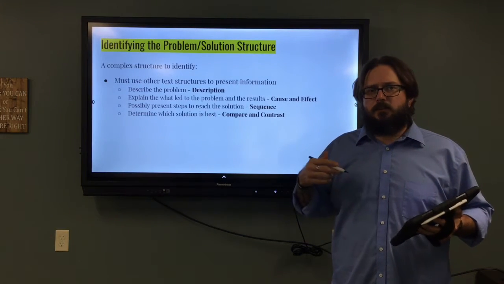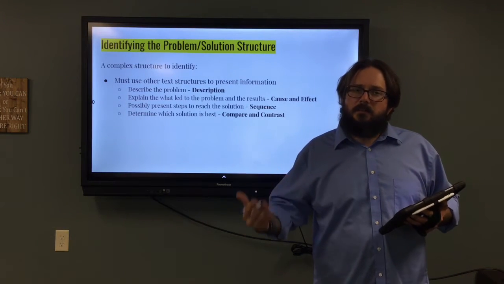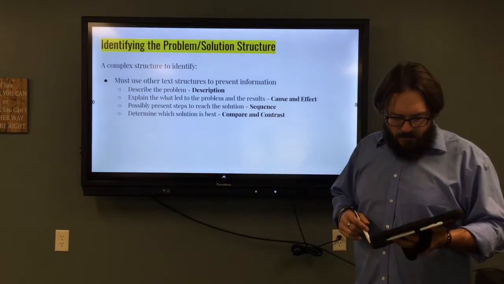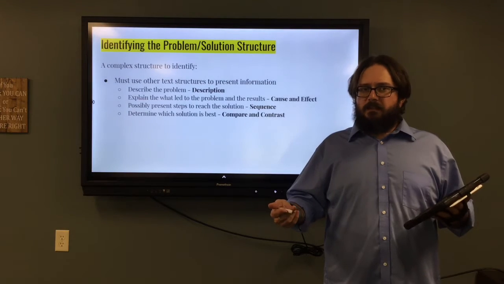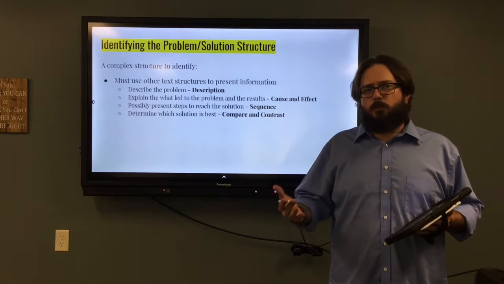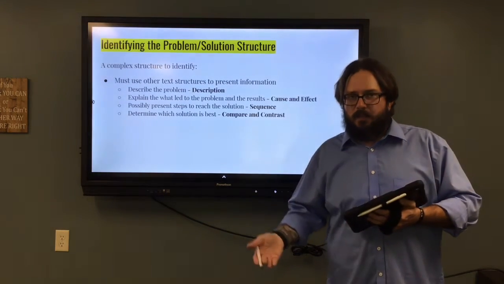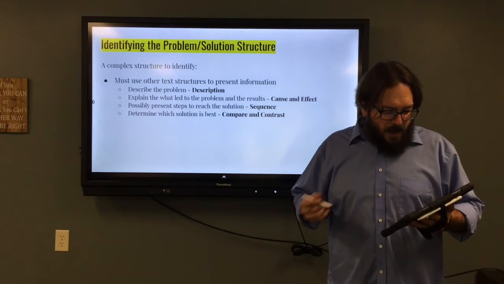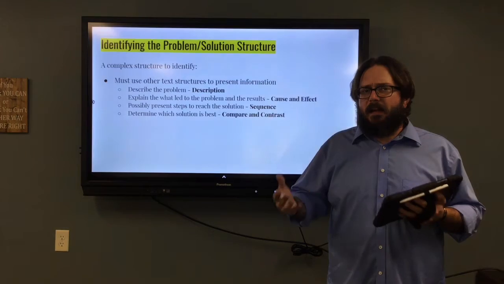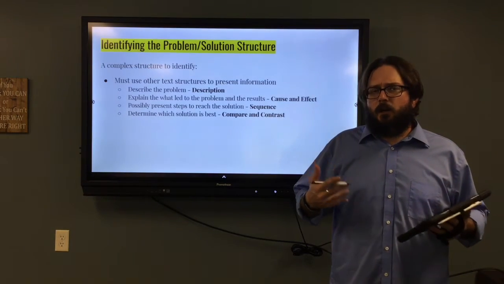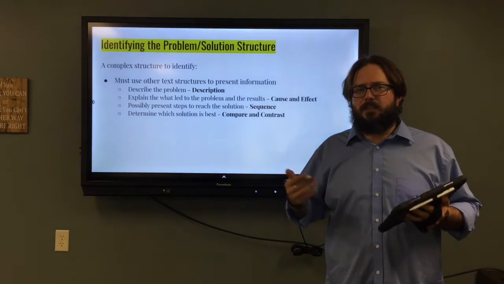In this case, he or she will be using the cause and effect text structure. When presenting a solution, the author may list steps in a process, which will be a form of sequence. And then finally, the author may use compare and contrast to help determine which solution is the best.